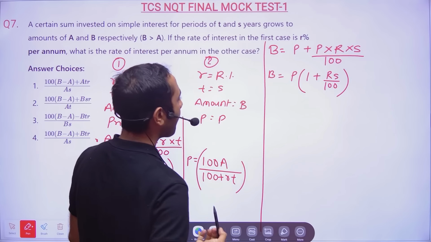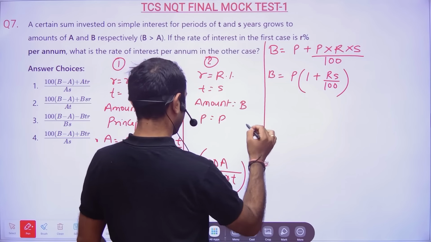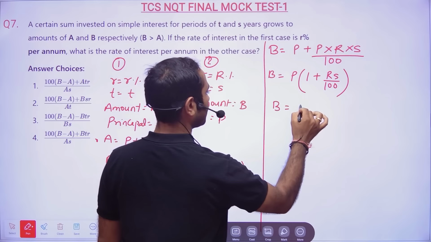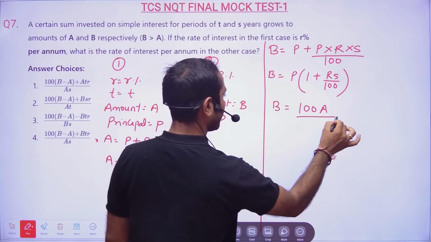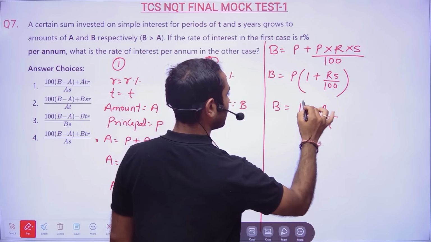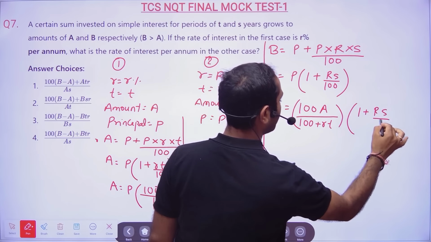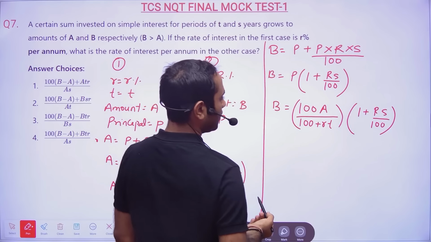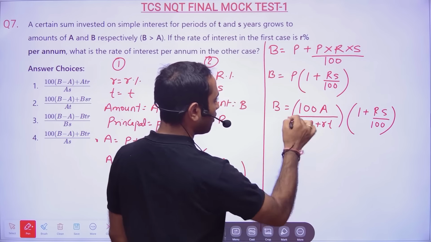Then B will be equal to 100A divided by 100 plus RT, into 1 plus RS by 100. This is what we have to solve. Now we will multiply this.